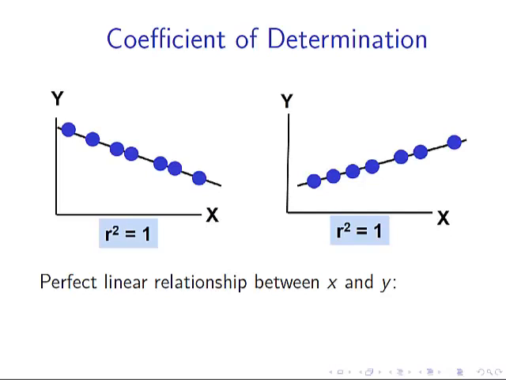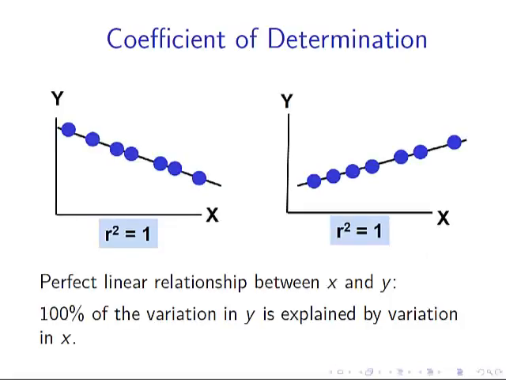Instead of all points, you may say the portion. What portion? 100% of the points follow the equation of linear relationship. Yes, 100% of the variation in y is explained by the variation in x.